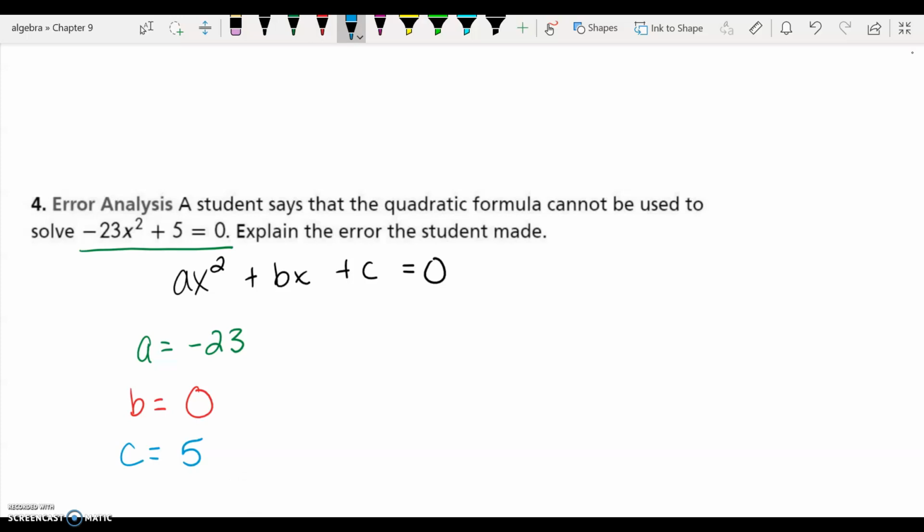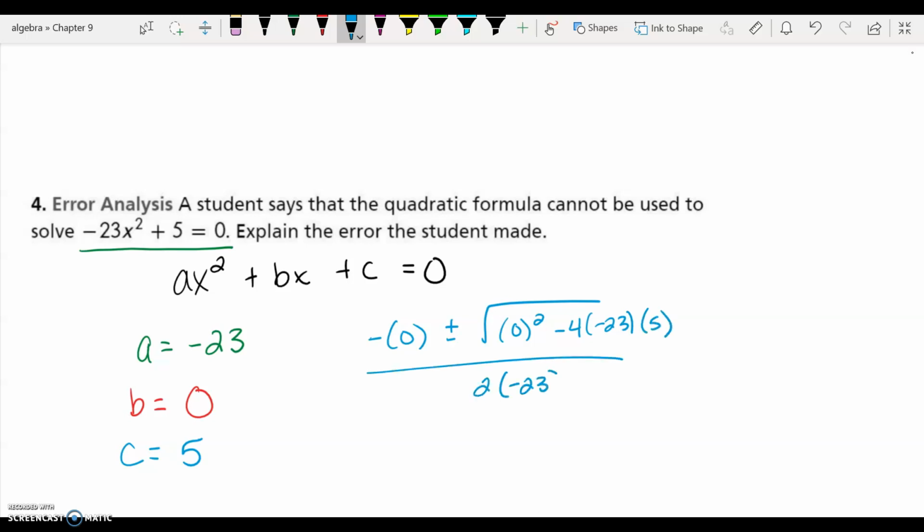So from here, you're going to plug it into the quadratic formula. Negative b plus or minus the square root of b squared minus 4ac all over 2a.